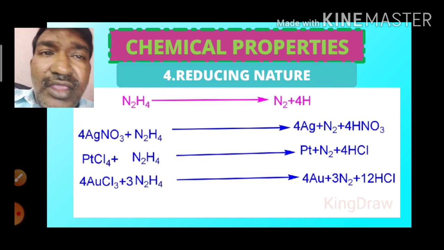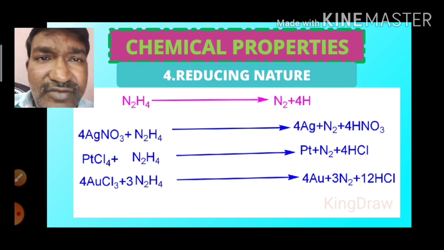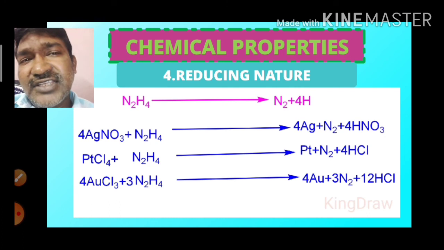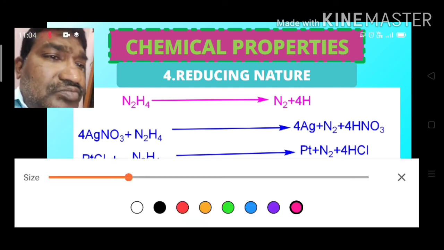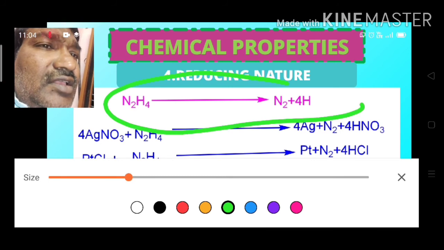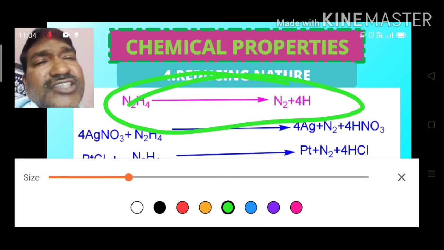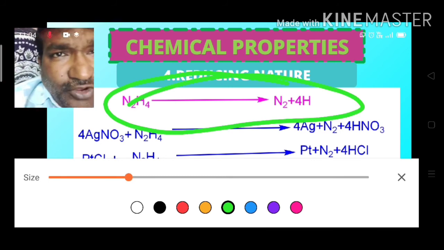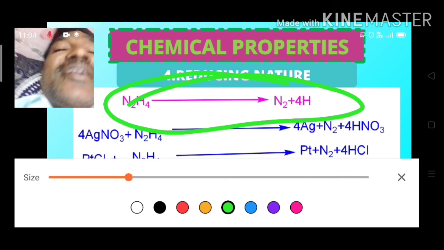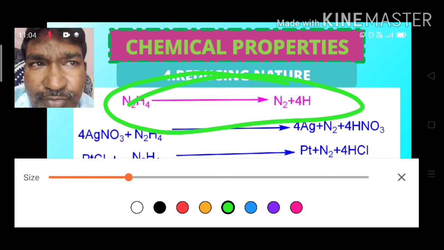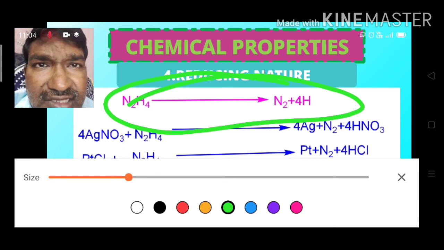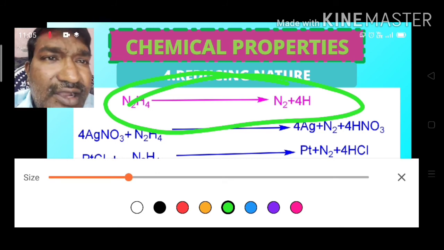Now, in this slide we can see hydrazine. Look here. This is the basic reaction that explains the reducing power of hydrazine. When hydrazine decomposes, it gives us nitrogen gas as well as 4 hydrogen atoms.